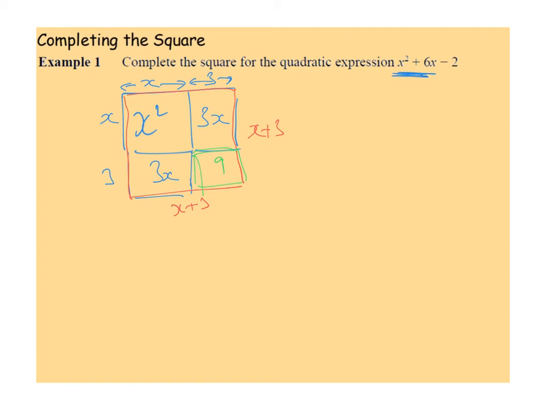So this first bit, the blue area, is really the same as x add 3 all squared, subtract 9. Now, it might be worth pausing the video for a moment and just double checking that you understand why this blue highlighted part is the same as the blue highlighted area that I'm just highlighting now.